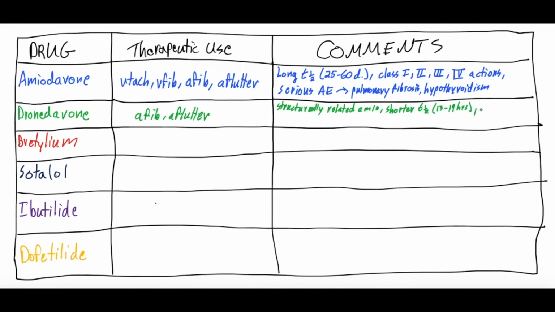As related to amiodarone, it also has class 1, 2, 3, and 4 activity, right? So sodium channel, beta blocker, potassium channel, calcium channel, all right? And that's very similar to amiodarone as well. And then, just so you know, it is contraindicated, CI, in decompensated heart failure. So decomp heart failure, you don't want to start it.